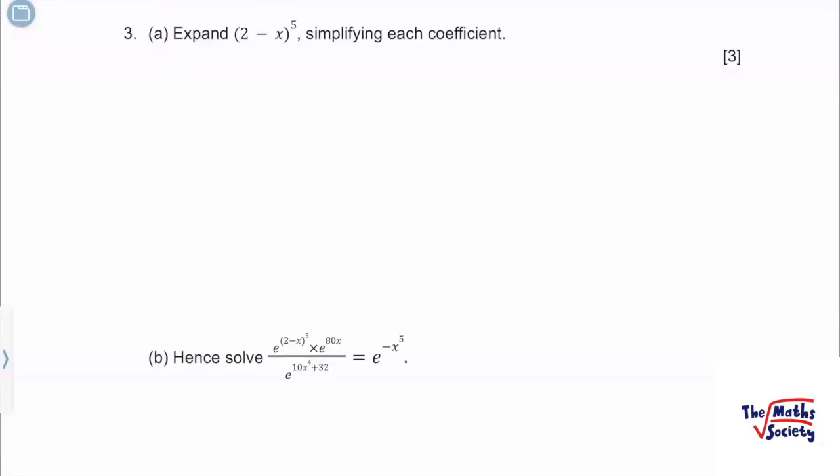Okay, so now we'll continue with number 3. It says to expand as well, and simplify each coefficient. So it's not the first three terms anymore. We have to simplify for all the 6 terms.